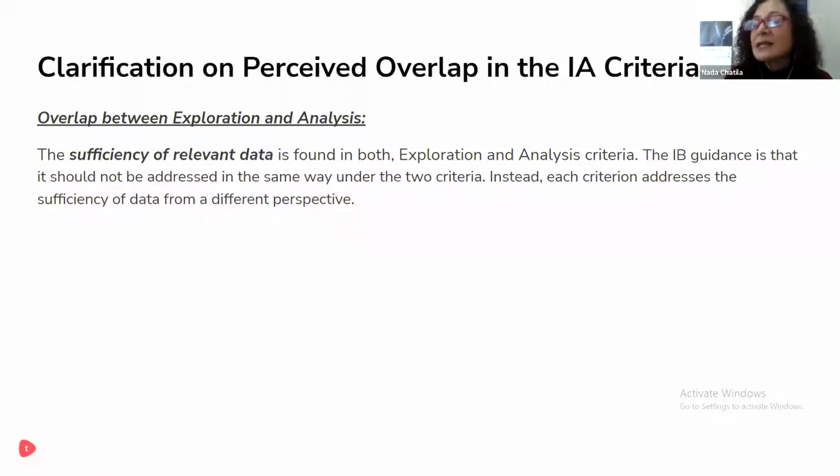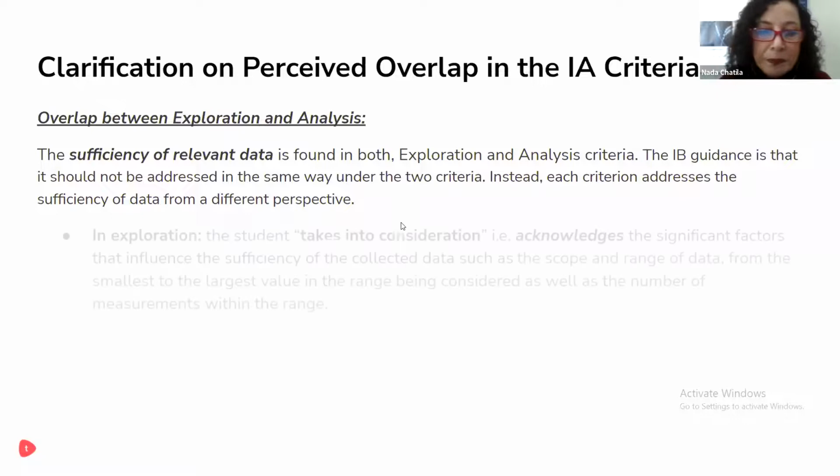The IB guidance is that we should consider the sufficiency of relevant data in the exploration from a different perspective than in the analysis. So we need to consider it from different aspects in both criteria.